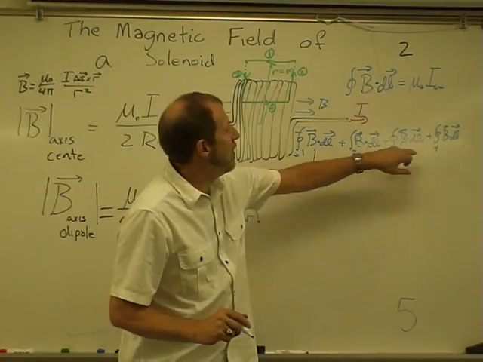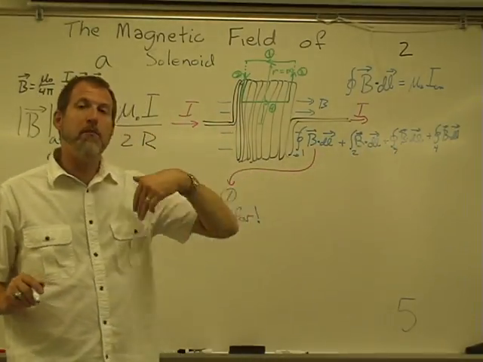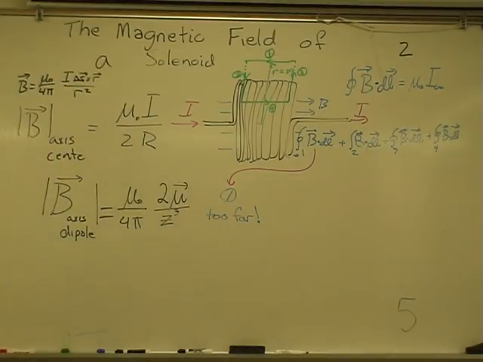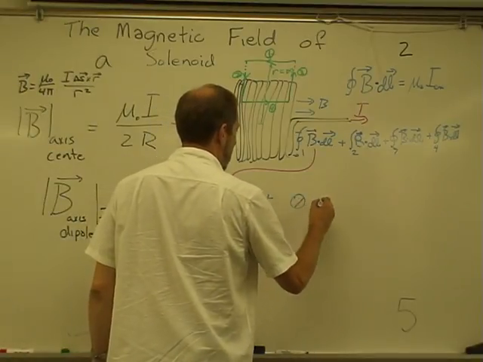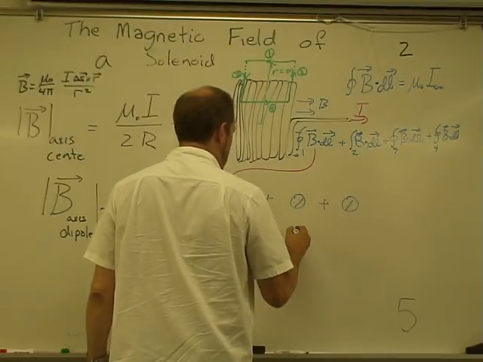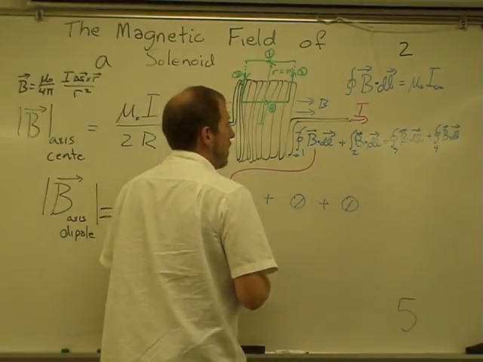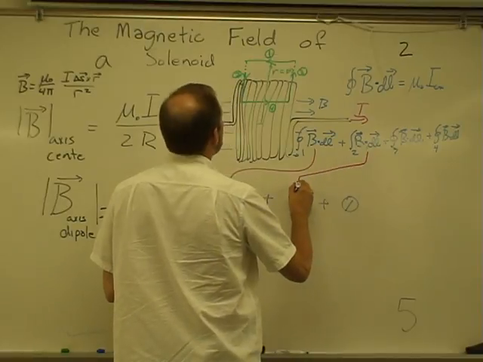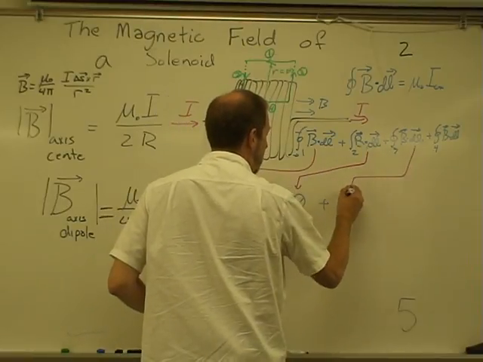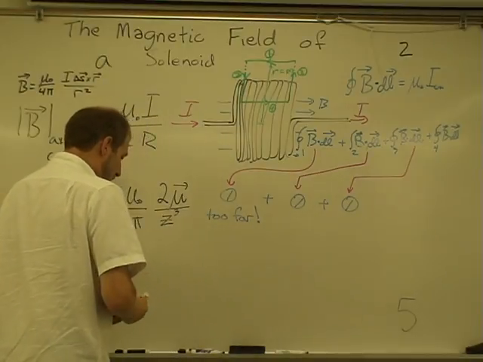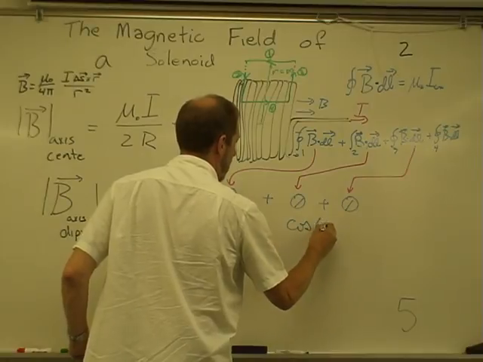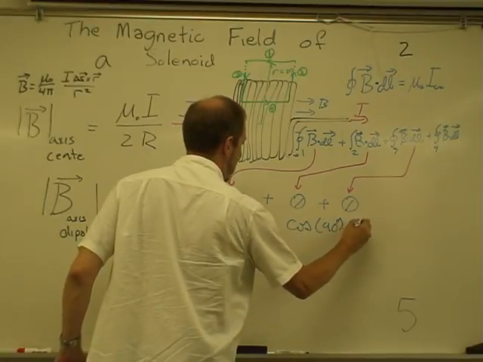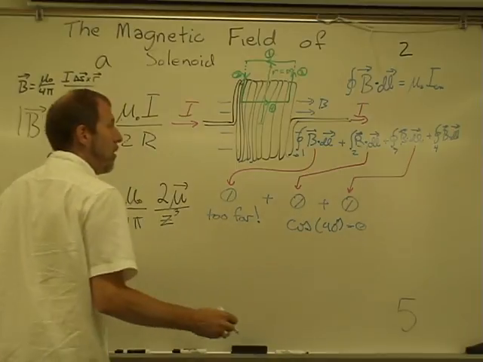So, because the dot product of two perpendicular vectors gives me 0, those two segments will also go to 0, because cosine of 90 degrees is equal to 0.